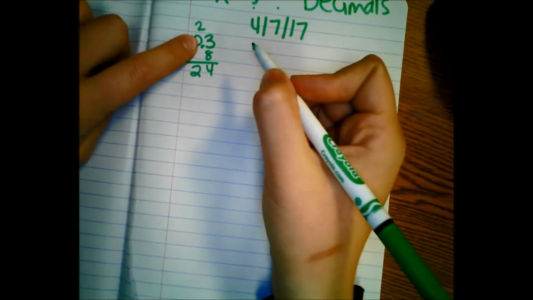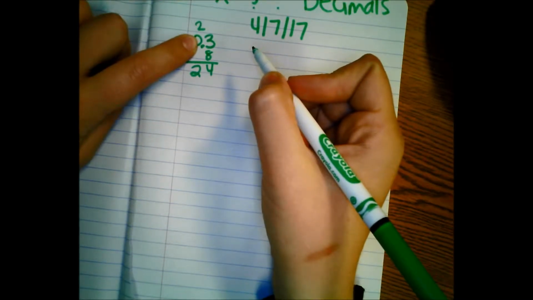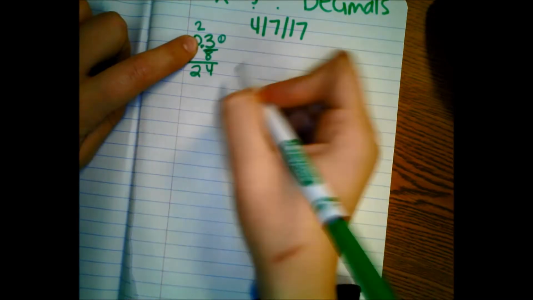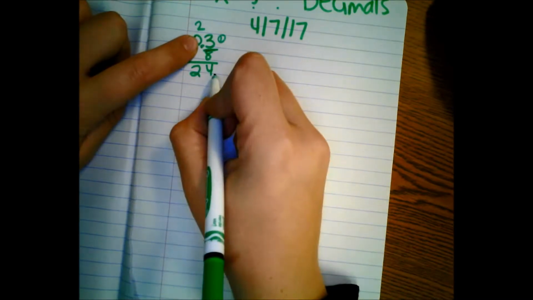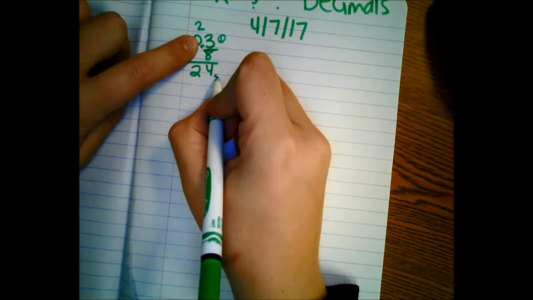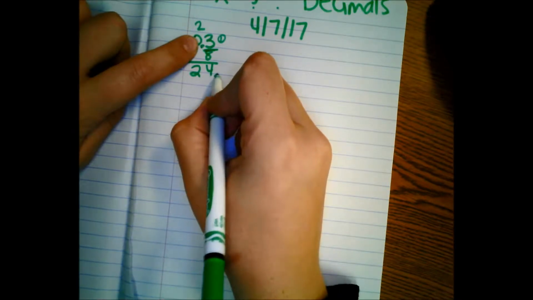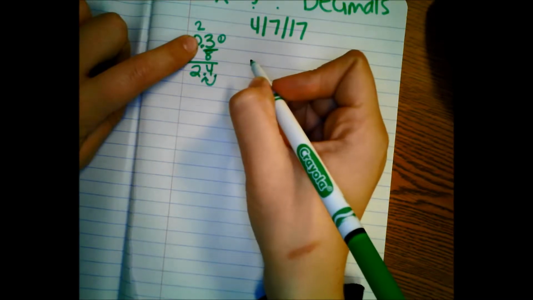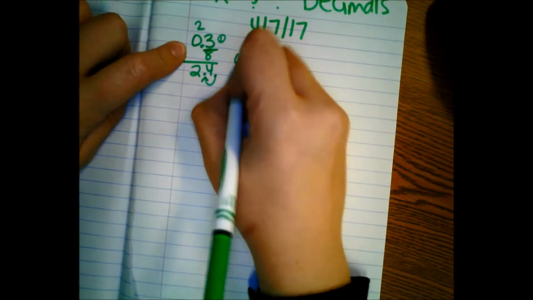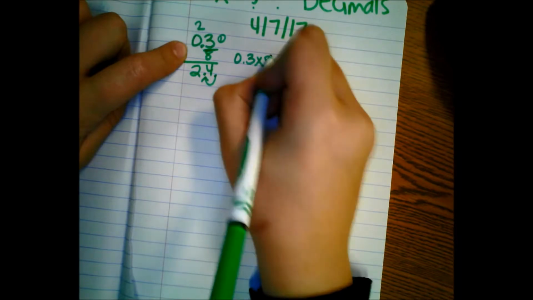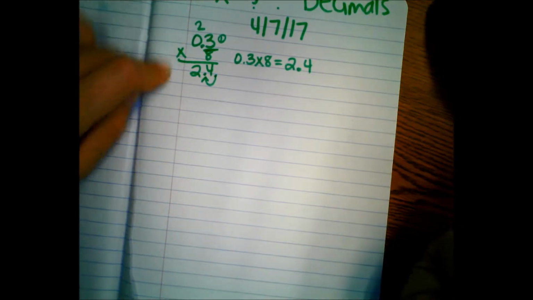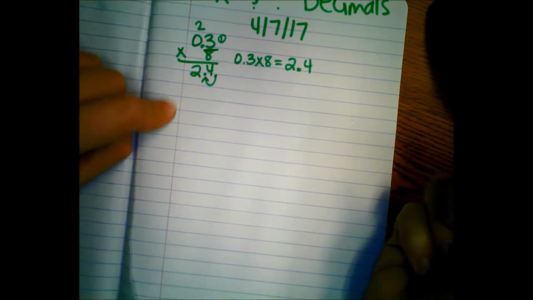Now I'm going to recall that I have a decimal point here, and I only have one number after the decimal, so I'm going to move the decimal point over from its normal invisible spot over one spot to the left. So the product of 0.3 and 8 is 2 and 4/10. Okay. Moving on to the next one.